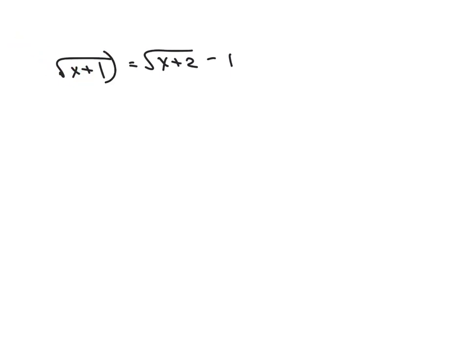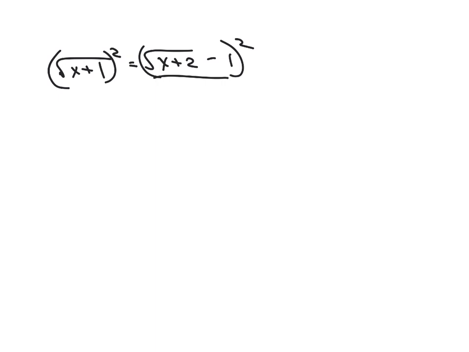Okay, so let's jump up to example 7. Again, we notice that we do have one radical isolated here. So let's square that and let's square that.